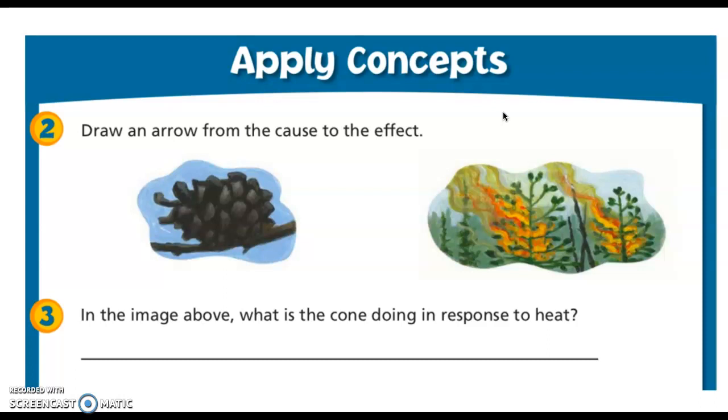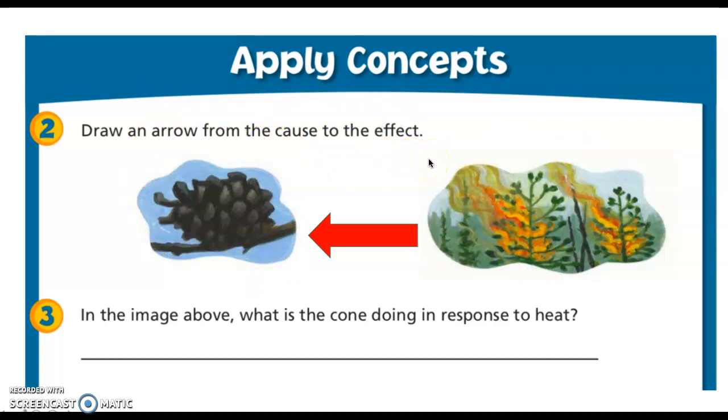Think about that for about 10 seconds. All right, let's see. Oh, my arrow is going this way because my cone is burnt or dead from the fire. So this is the cause that made our cone die.